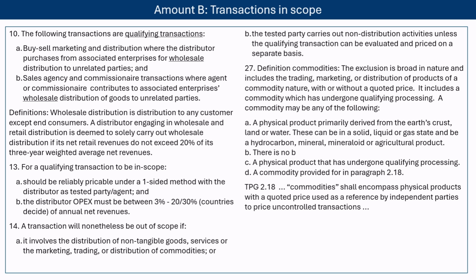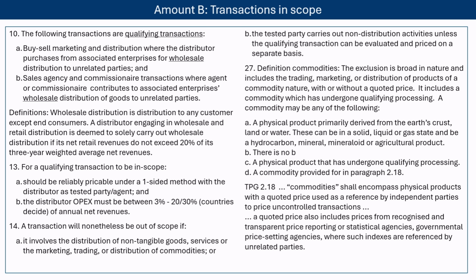So here's the idea again: you have a CUP, you apply the CUP, you don't look at the profit margin of the distributor. Again, I think if you consider the other comparability factors, this is not going to apply to all commodities, because there are more comparability factors than just the characteristics of the goods, not the services, because they are out of scope.